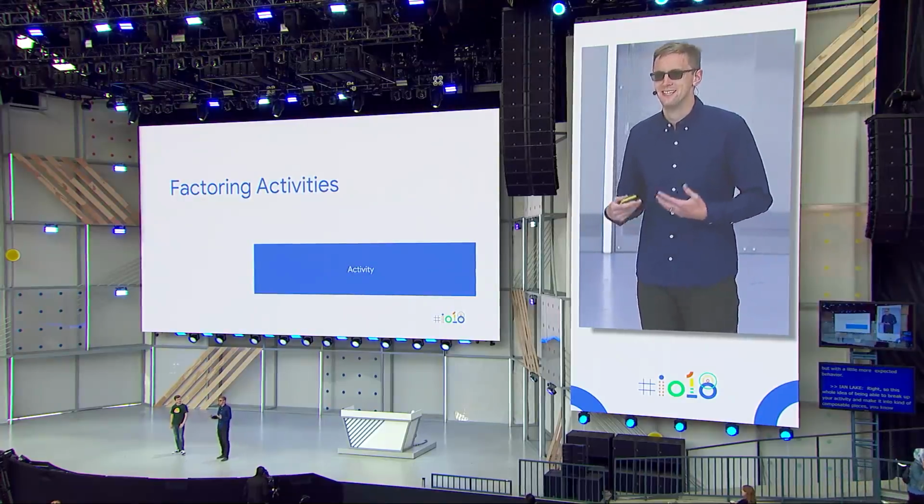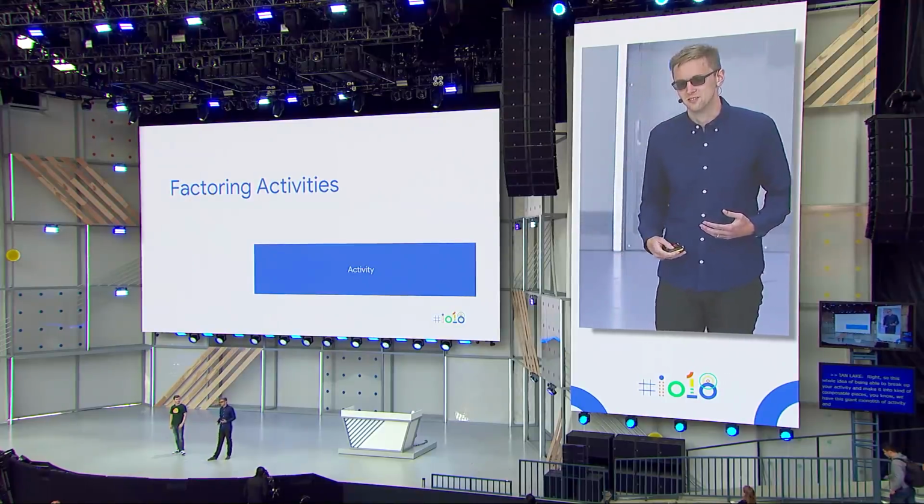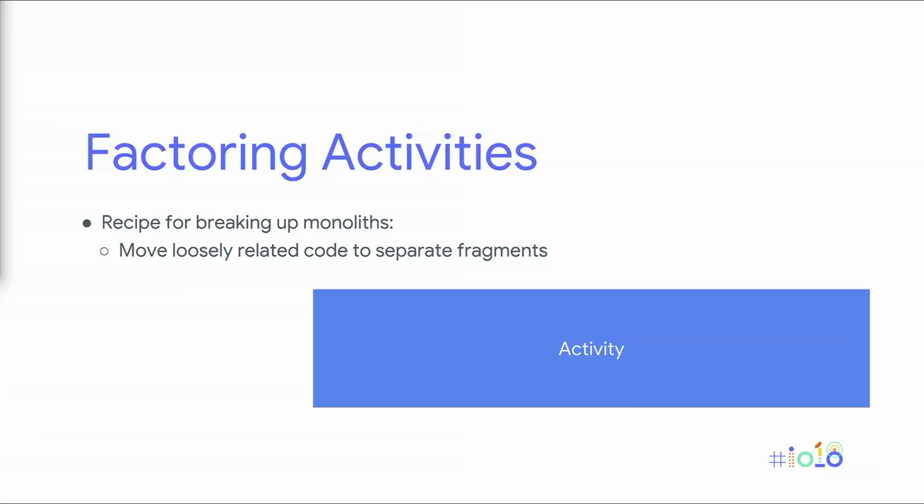Right, so this whole idea of being able to break up your activity and make it into composable pieces, we have this giant monolith of an activity, and there's other methods of factoring it out into different pieces. But for Fragments, basically the approach was you move that loosely related code, those view and all of the state around that view, into a separate fragment.